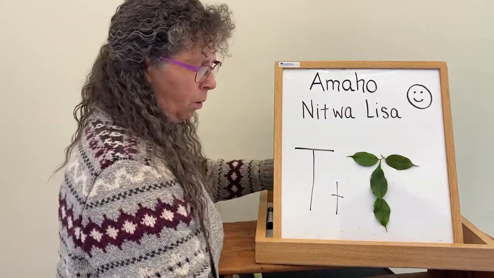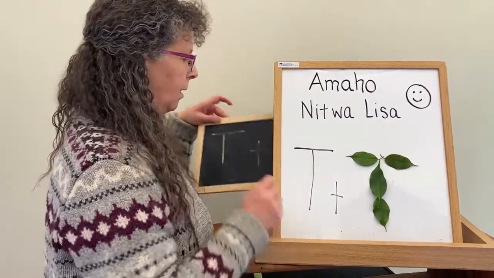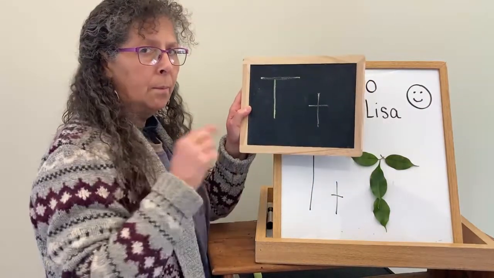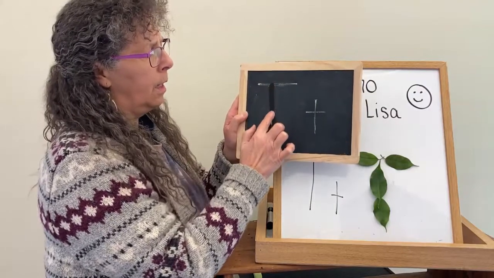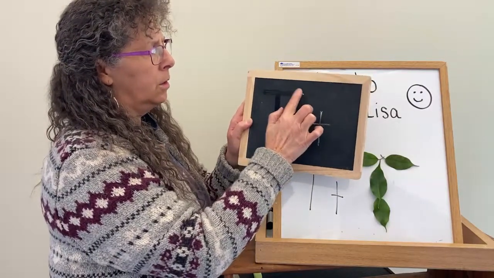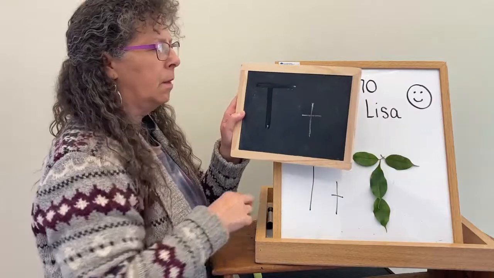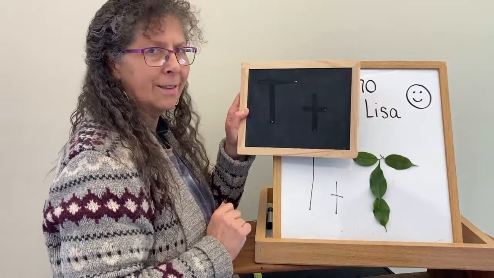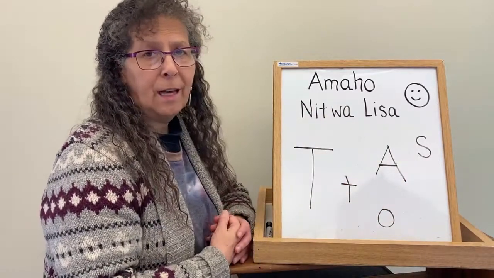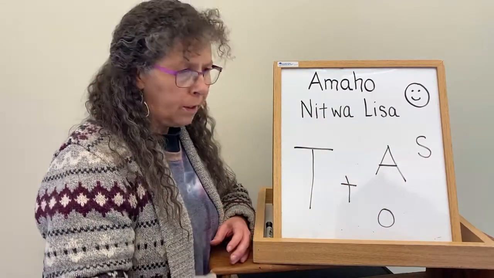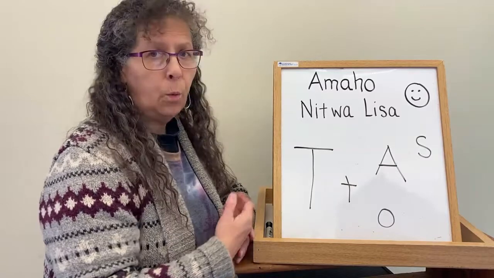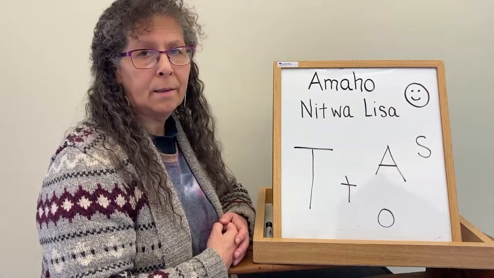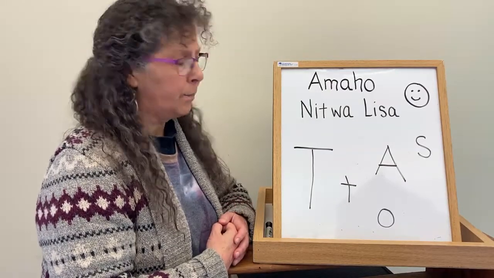If you have a chalkboard, you could write the letters on a chalkboard and have a child put their finger in water and erase it to learn how to make the shape of the letter. T says T, T, T. You could write different letters on a chalkboard or in the dirt or on a whiteboard and ask the child to come and erase the letter that you say.